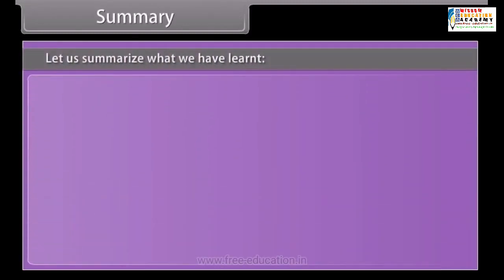Summary. Let us summarize what we have learned. If A is equal to A ij, m by n, then A dash or transpose of A is equal to A ji, n by m.